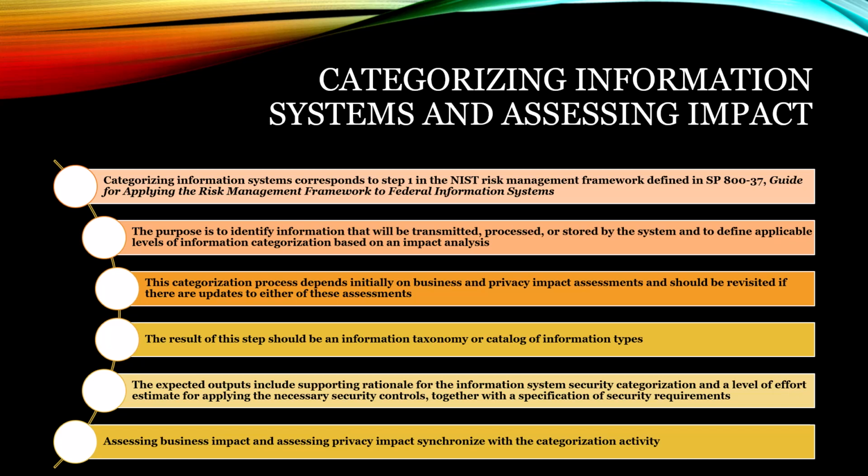We should expect the appropriate outputs and supporting rationale for the information and information security categorization, and then we should assess the business impact and assess the privacy impact within synchronization of the overall categorized activities.